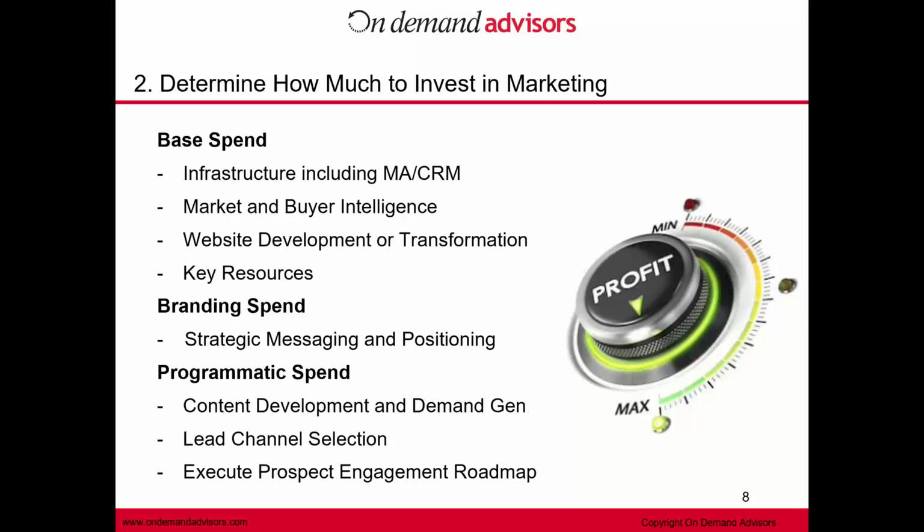And the last bucket I want to talk about is the programmatic spend. This is where we're talking about the content development, the demand generation. We're going to put in the sales tools. We're going to put all the things that are associated with the programs that we will spend money on, and that is going to be ultimately, if you're a small company and you ramp up, you're going to be spending 80–85% of your money in that bottom one.